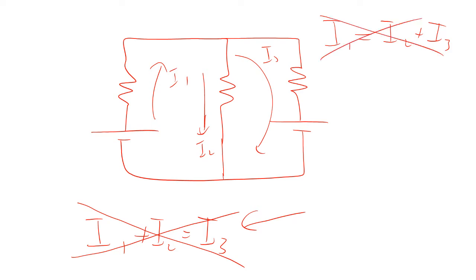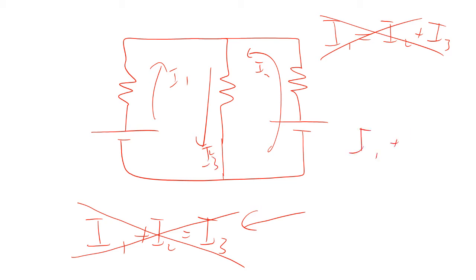But if I had instead defined it so that this was I2 and that was I3, then I1 plus I2 equals I3. Of the possible combinations here, the one that works is the one that's based on your drawing and your labels.